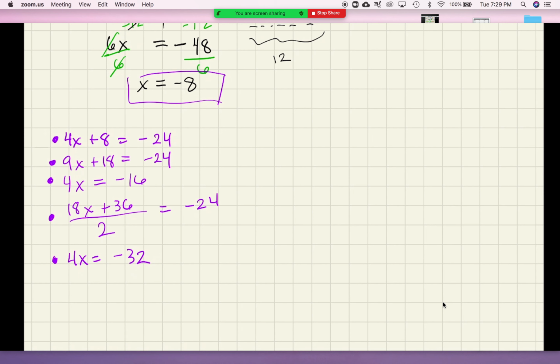So it should be negative 8 over the 8, and since that one's a negative 24, it's just going to become a negative number, right? So it should be negative 32. Perfect. So you get 4x equals negative 32, right? Okay, and then the next step?